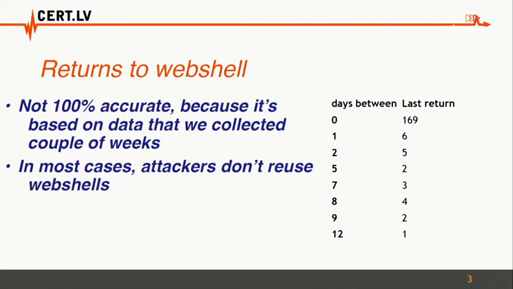We also tried to find how often they return to the web shell, and these are not 100% accurate statistics, because we were able to monitor it for about 2 or 3 weeks, and they might return later. So this is a short time span, but still, they do not return quite frequently.